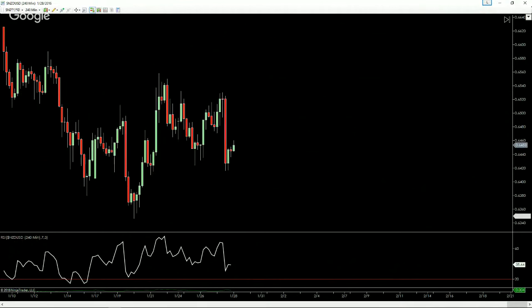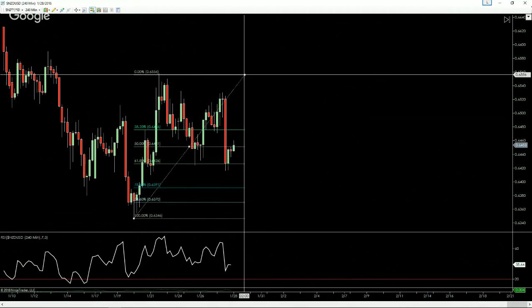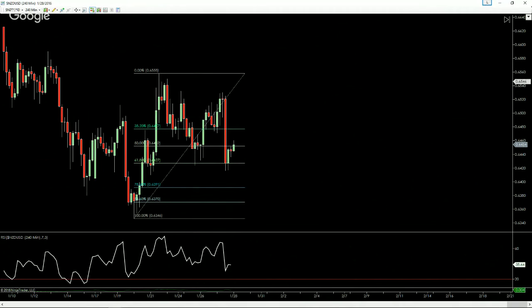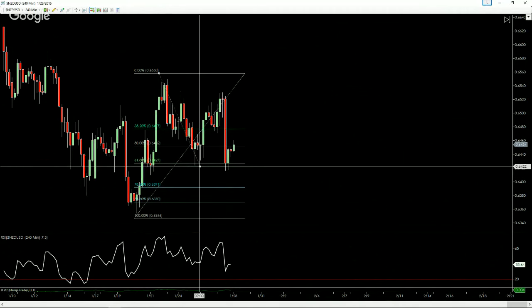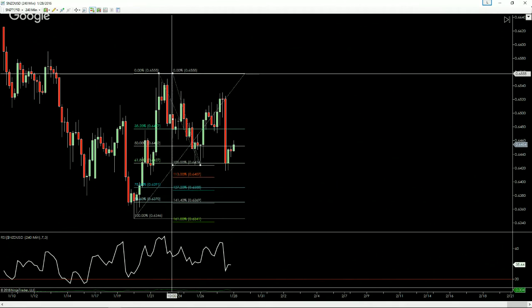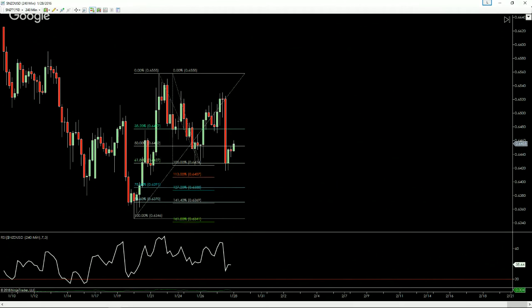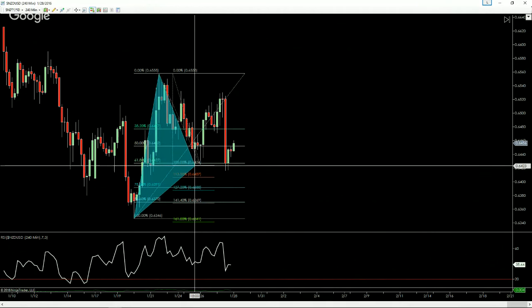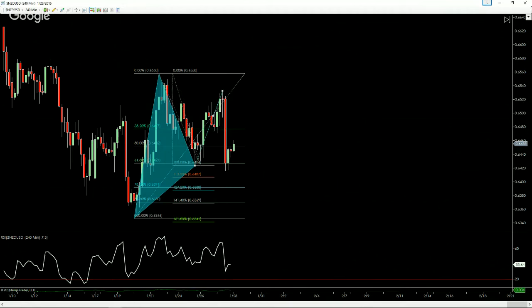I think, yep, we could have a Gartley pattern here, and to the 127.